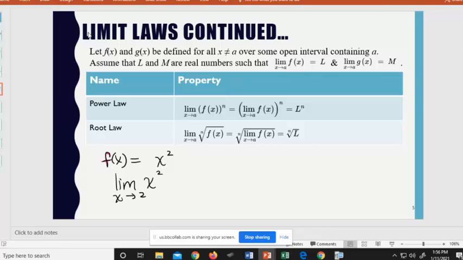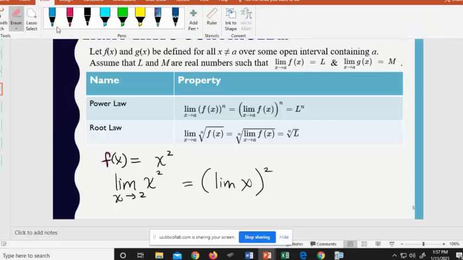That's one option. But another option is to rewrite it as the limit of x and square that, square the entire limit. Let's see if those are equivalent to one another.